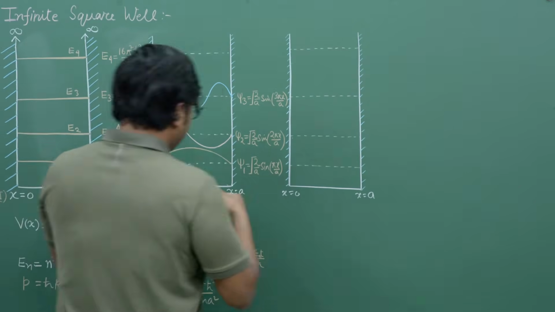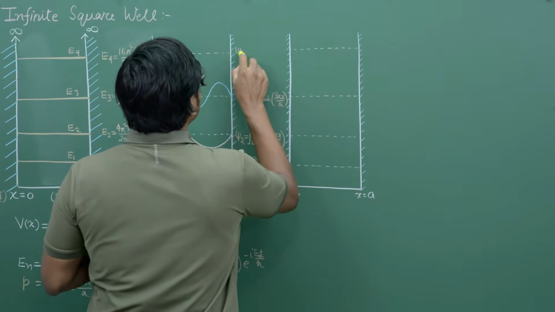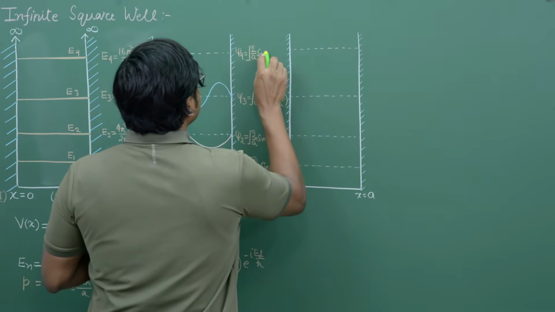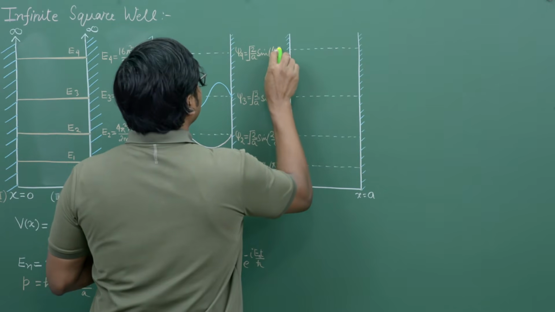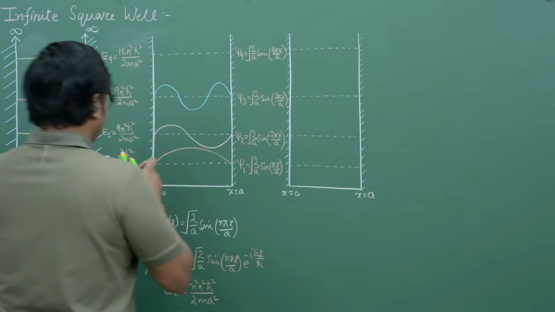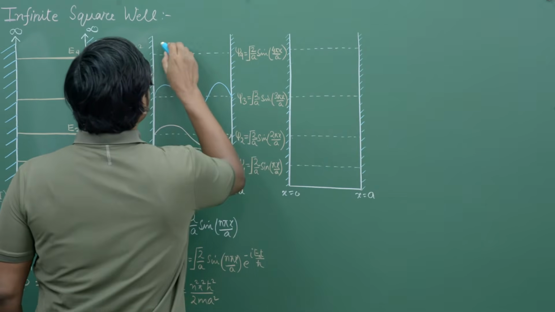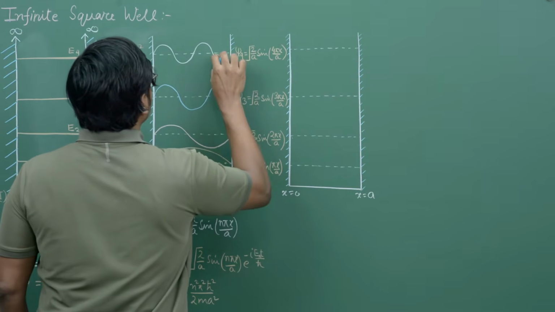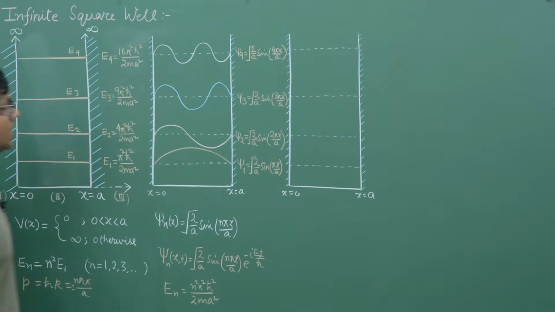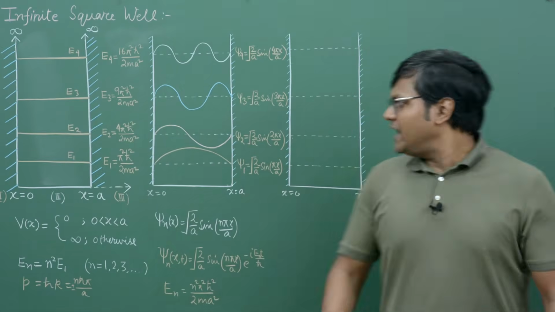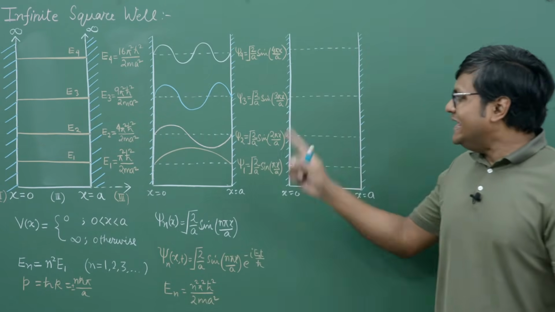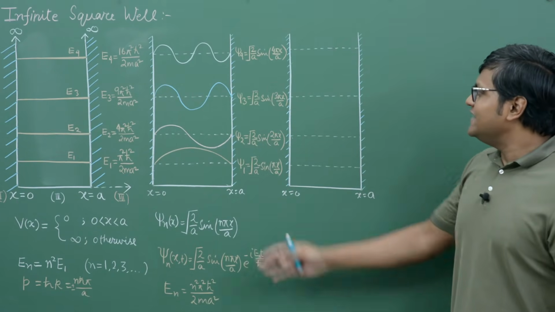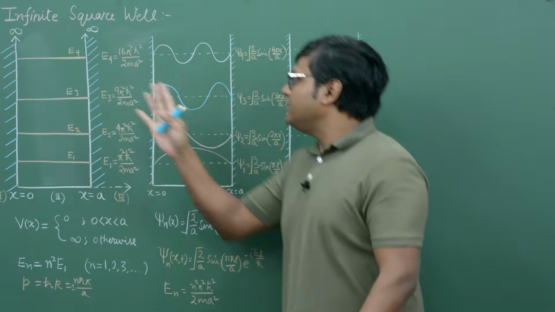Let's suppose psi 4, which is root over 2 upon a sine 4 pi x upon a, our eigenfunction would look like this. Do you see that? So you keep getting an infinite number of eigenfunction solutions, each of them corresponding to a distinct energy level for the particle. So if the particle is in any one of these states, it will have an energy corresponding to that only.